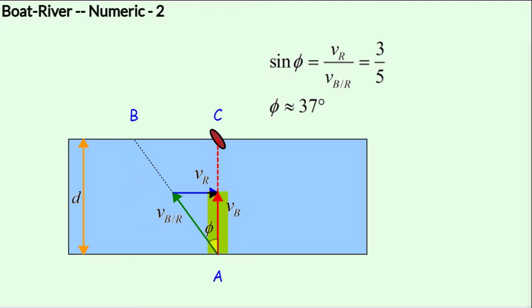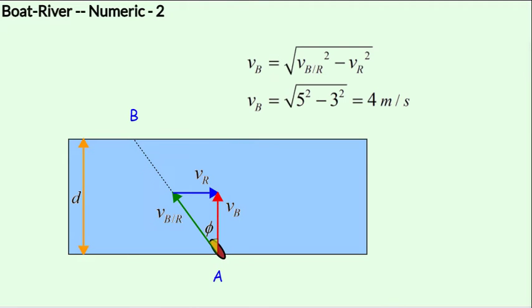Now let's find the velocity of the boat with respect to the ground as seen by a stationary observer. These three vectors form a right-angled triangle, with vector VB with respect to r as the hypotenuse.